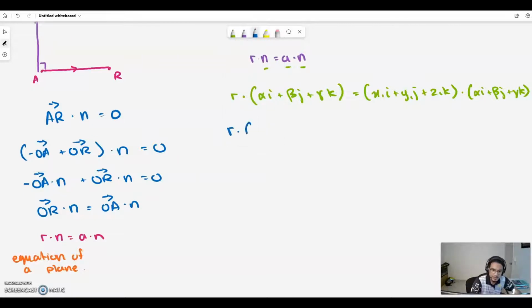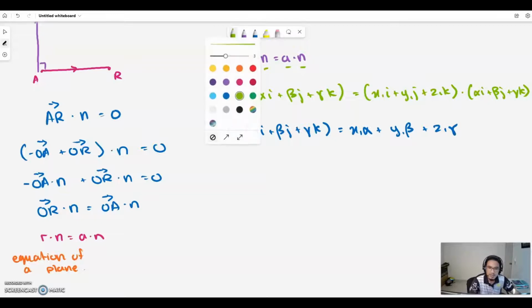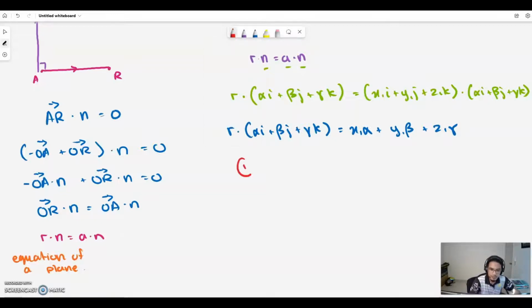So R dot alpha i, and so now we have x1 alpha, y1 beta, and z1 gamma. Here is your first equation, which is known as the vector equation of a plane.